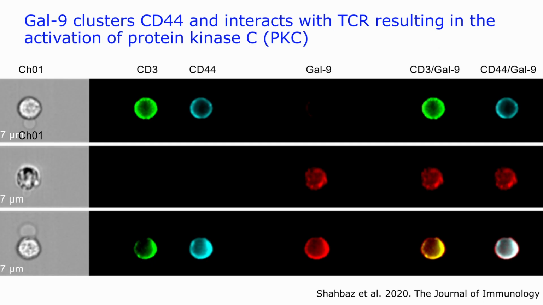And then we wanted to see what the partner of galectin-9 is. This is just imaging, just the controls, and you can see that there is lots of co-expression of galectin-9 with CD3, which is the T cell marker. And then we see that galectin-9 interacts with CD44.